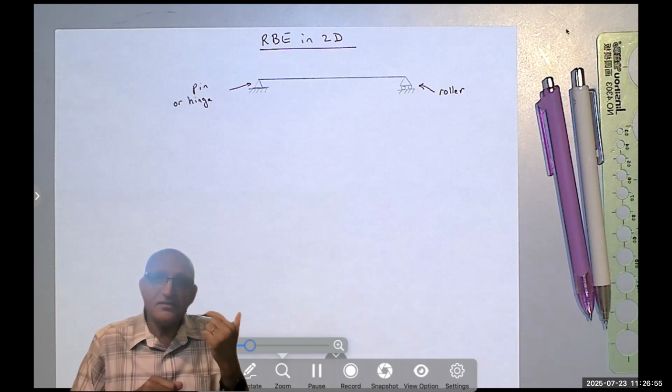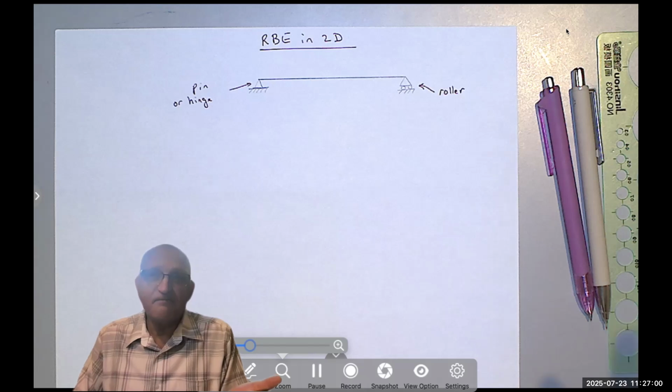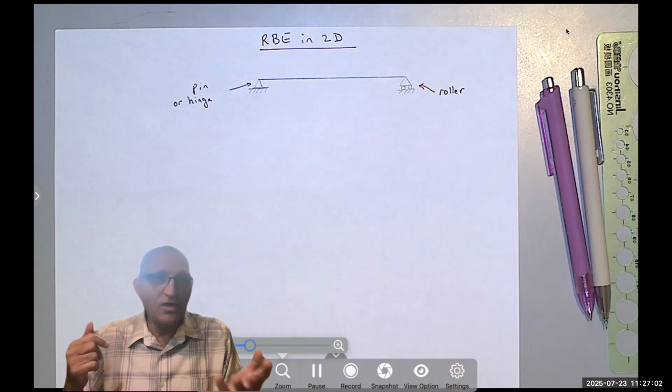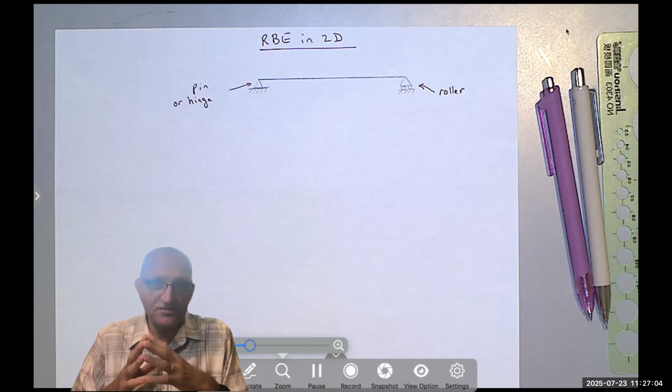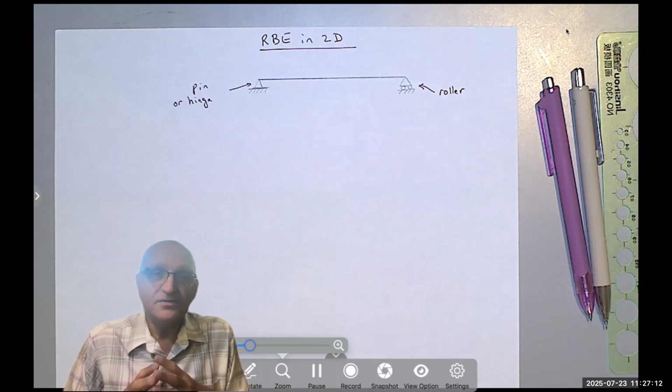Try to remember what makes the particle a particle and what's the difference between a particle and a rigid body. Think, I'll give you a few seconds, and then I'm going to tell you.